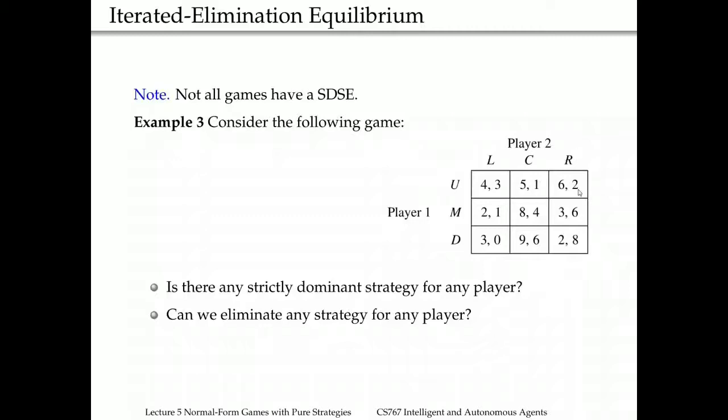Because 1 is less than 2, 4 is less than 6, and 6 is less than 8. So in this case, we can reasonably be sure that player 2 would not ever choose to play action C.